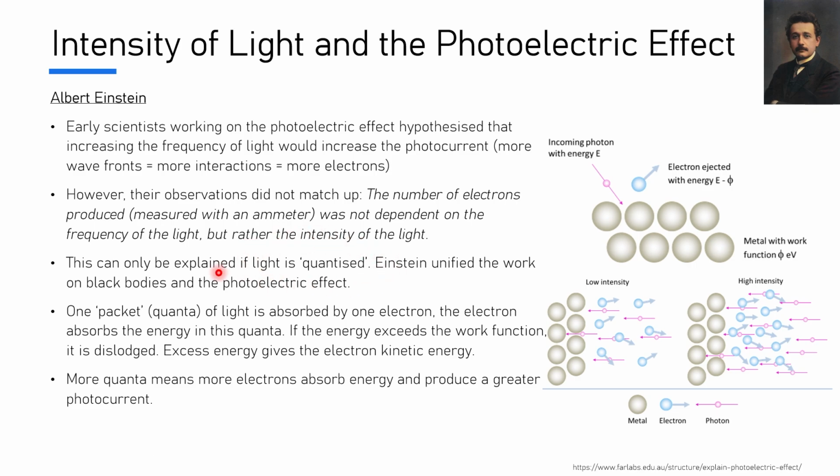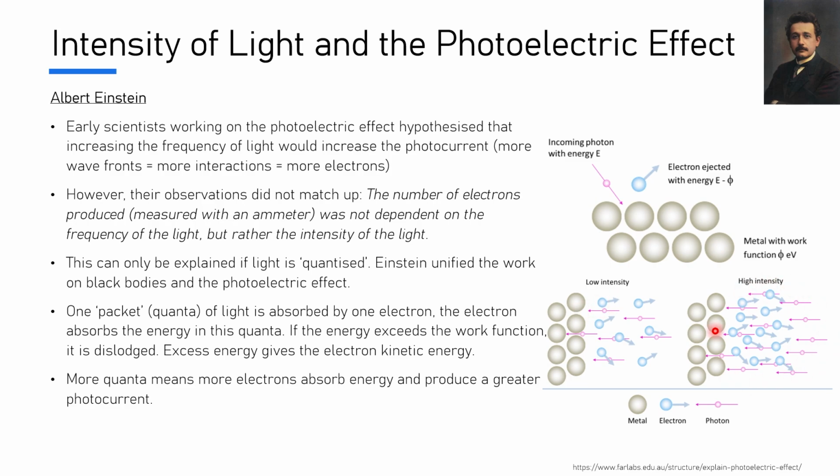In other words, that light comes in packets, and that in this case, each packet that was incoming to the metal was able to interact with one particular electron, give it the energy that it needed to escape the work function, and then any excess energy from that packet, from that photon, would just result in the electron having kinetic energy.